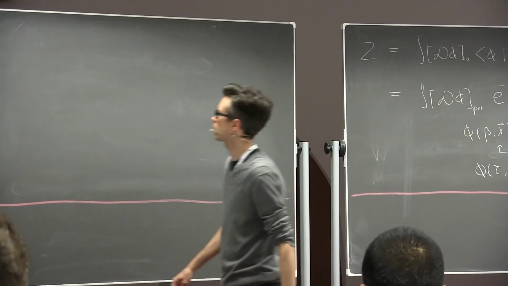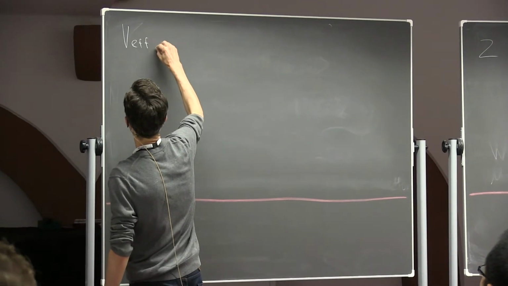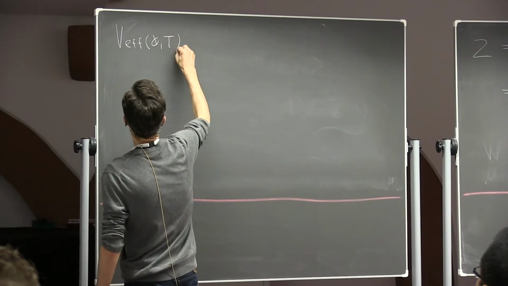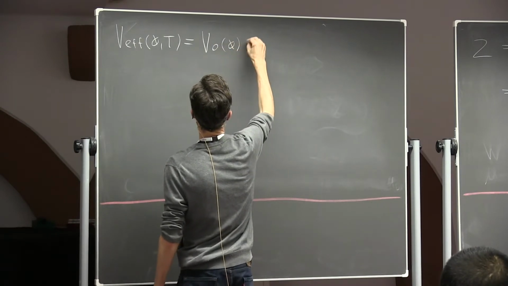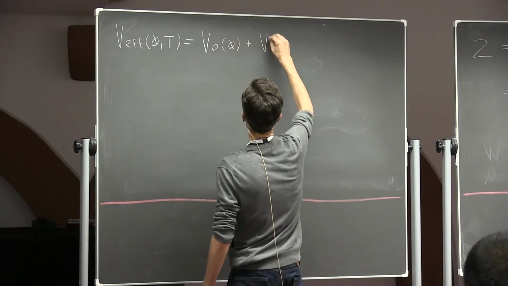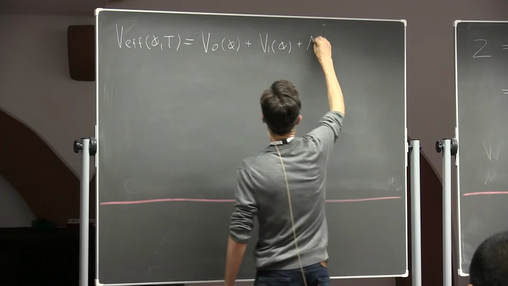The final result for the thermal effective potential at one loop order turns out to be just the tree level potential that I'm going to call V0 of phi, plus the zero temperature one loop potential, plus a thermal correction.